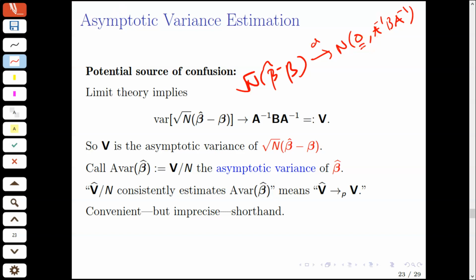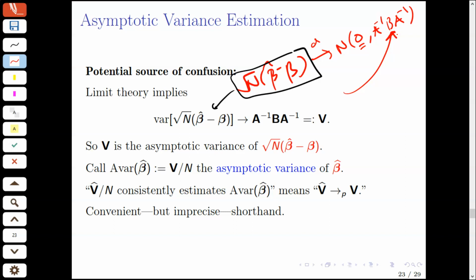So in particular, if we look at the variance of the stuff on the left-hand side, then we've shown as a byproduct that the variance in the limit is given by the limiting variance. That is, the variance of this square root n term converges as the sample size grows.